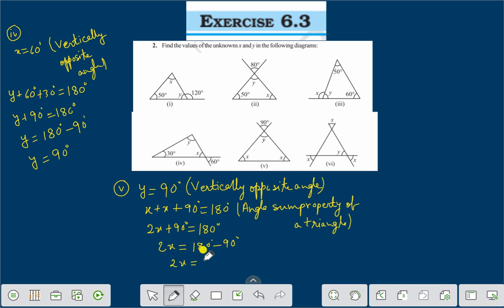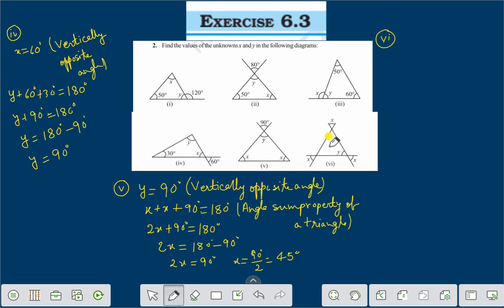Therefore, 2x is equal to 90 degrees, or x is equal to 90 degrees divided by 2, which comes to 45 degrees.